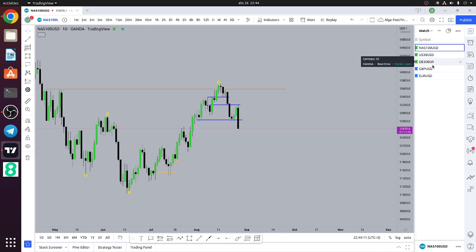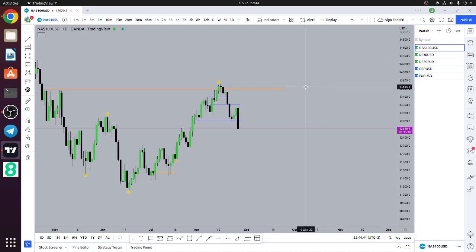And then when I looked at GU and the EU, I loved how they were moving. I loved the price action, the price delivery was really good. So I added both of them to my watch list, and I intend to keep them because I like how they move. I do understand how they move.